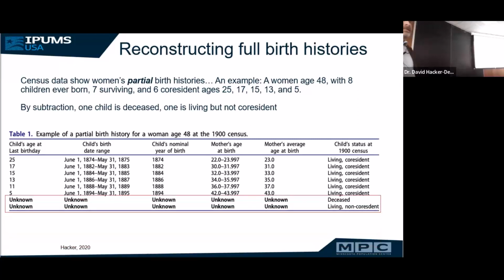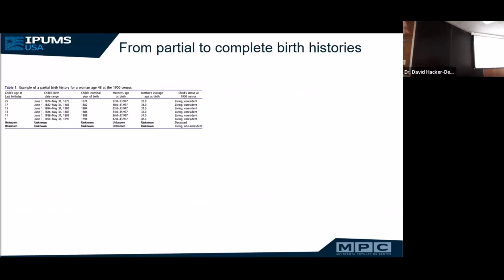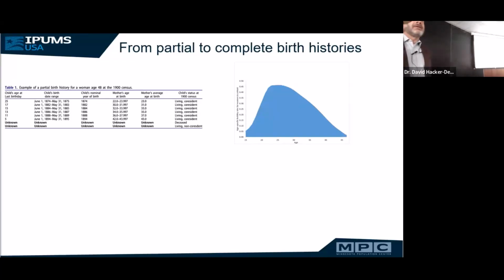So what we want to do is probabilistically assign a date of birth to those 2 children. So how do we do that? We start with this partial birth history. We start with the age-specific fertility rates, excuse me, of women in the birth cohort. Standard, you've seen these graphs, right? By the way, it's what they looked like in the past in a fairly close to natural fertility population.